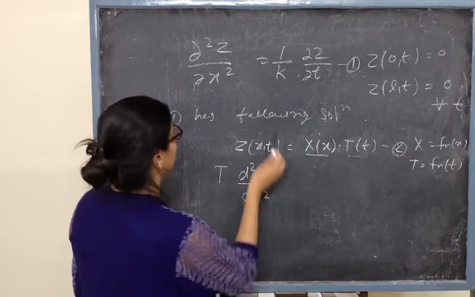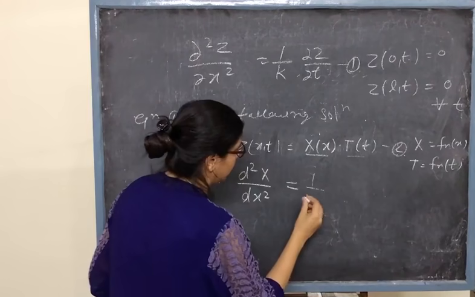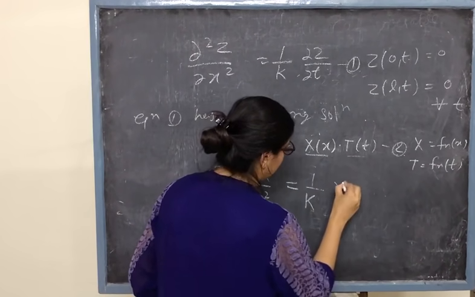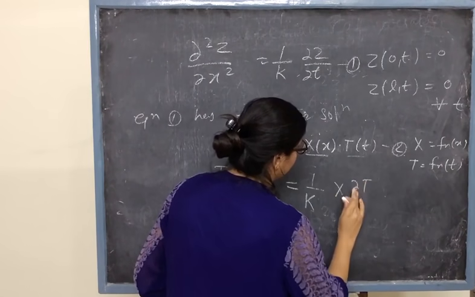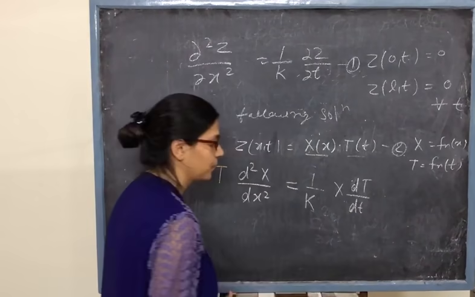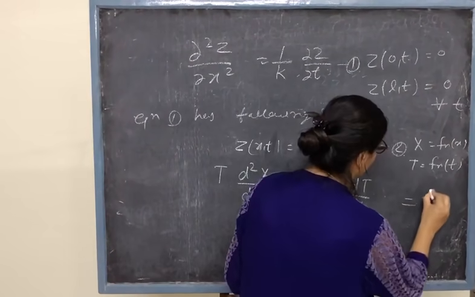This equals 1 upon k, which remains the same since k is a constant, times del z over del t, which is X times dT over dt. Now further we will assume that this equals some lambda.